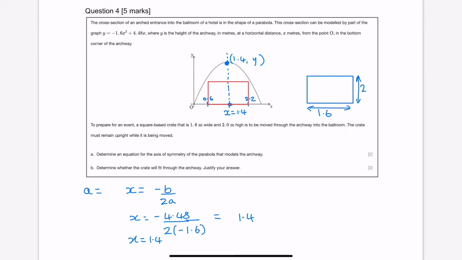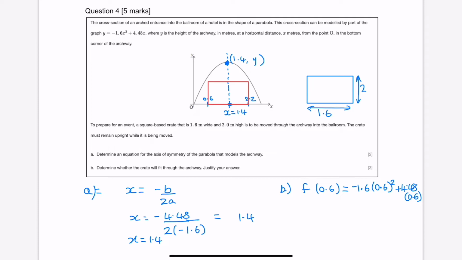So one of the ways that we can do this is just by substituting it in by hand. So for part B, I'm finding f of 0.6 and I can just type that into my calculator. It's minus 1.6 x squared, so x in this case is 0.6, plus 4.48 times x, which is 0.6 again.